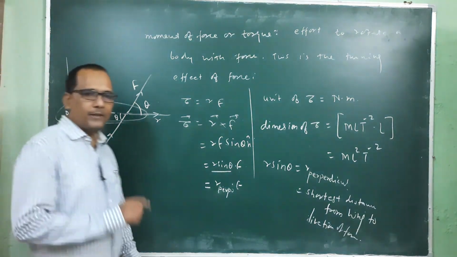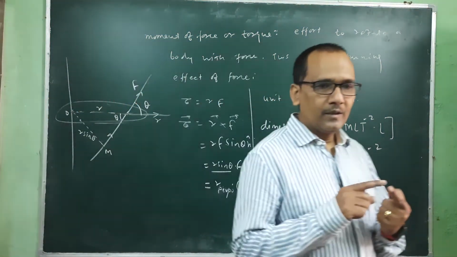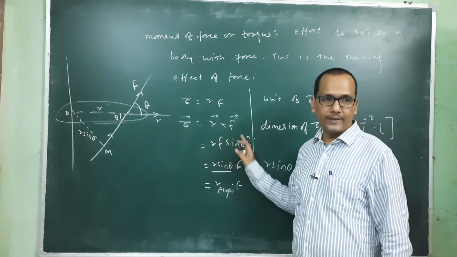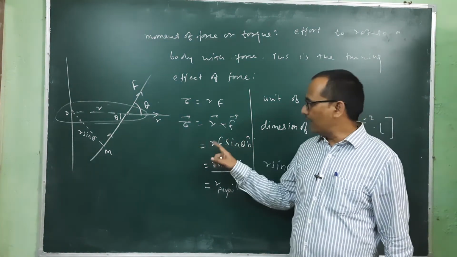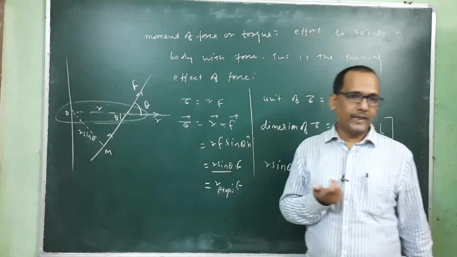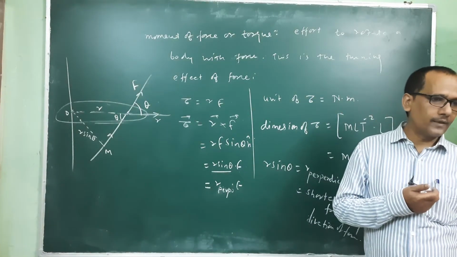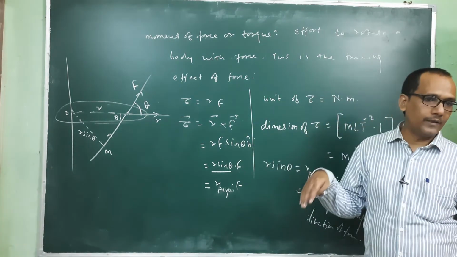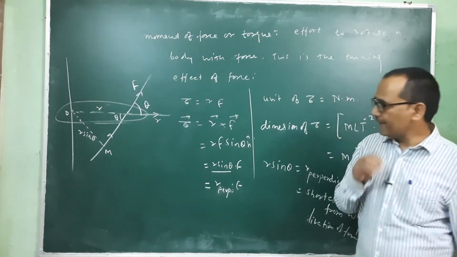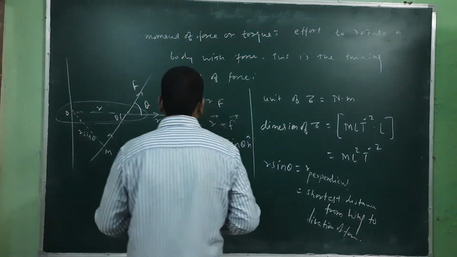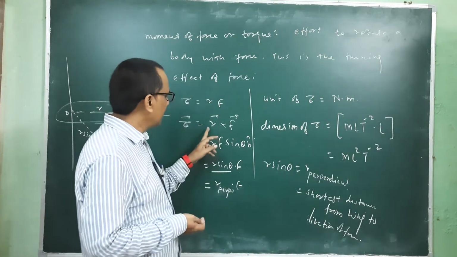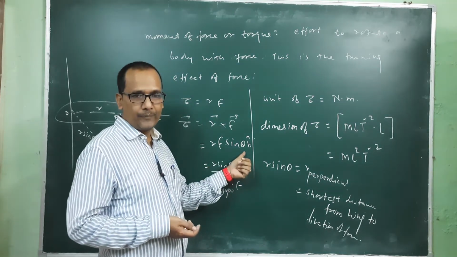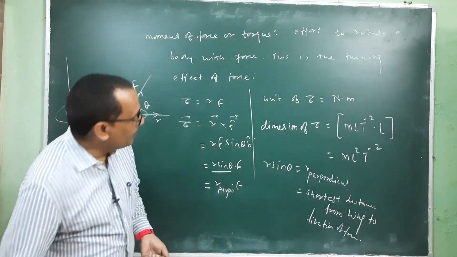As far as numerical problems are concerned, you should have the values of r, f and theta. You can calculate tau from r and f in terms of vector components x, y, z, by using the determinant process. But one thing is important here. This tau mainly depends on these three parameters: r, f and theta.